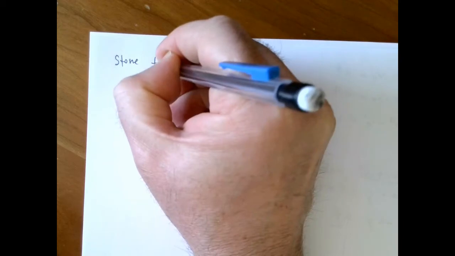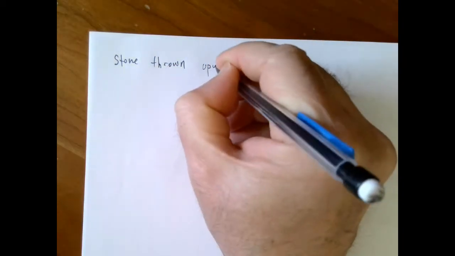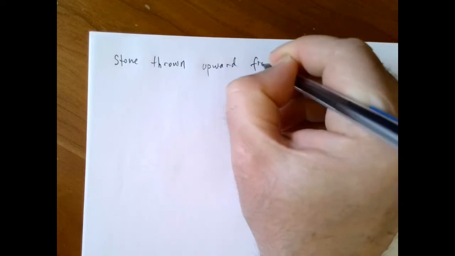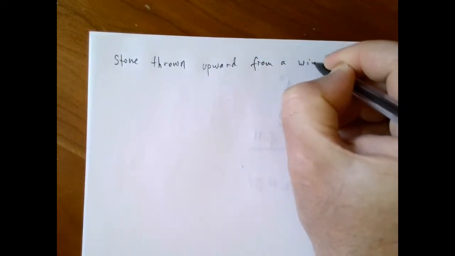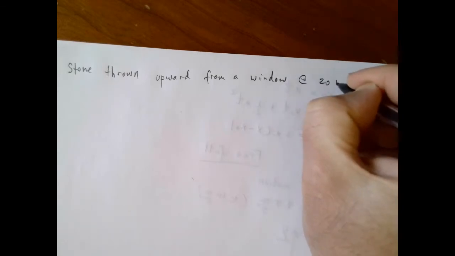And this is it. How do you use this in a problem? Let's see. So let's pretend there is a stone thrown upward from a window at a height of 20 meters.